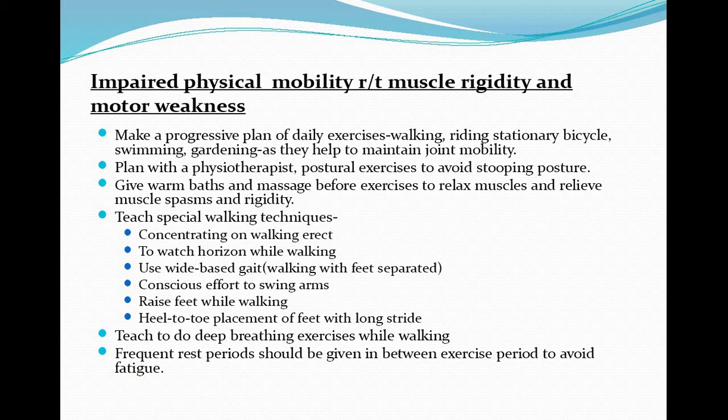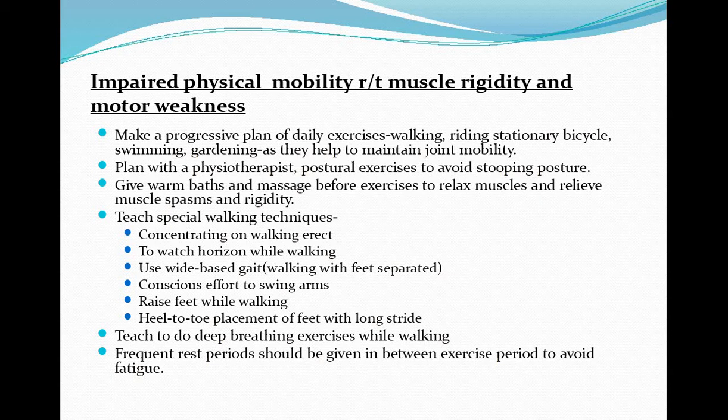So our first nursing diagnosis would be impaired physical mobility related to muscle rigidity and motor weakness. Now what all things can be done to improve the physical mobility? We can always make a progressive plan of daily exercises such as walking, riding a stationary bicycle, swimming, gardening, etc. All these activities will help to maintain the joint mobility.